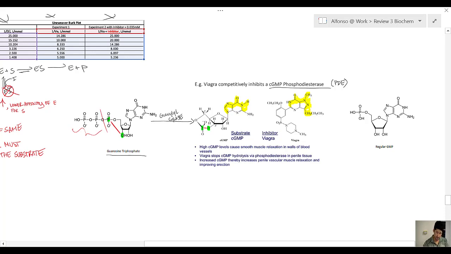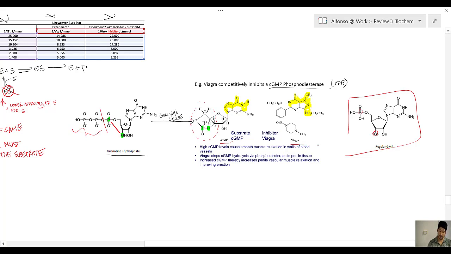So guanylyl cyclase takes these two phosphates, cuts them off, and then connects this oxygen to this phosphate, giving you cyclic, this is the cyclic part, cyclic GMP. And this right here is regular GMP. Notice how this oxygen and this phosphate are not connected.